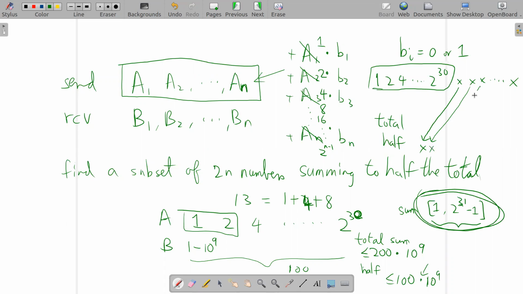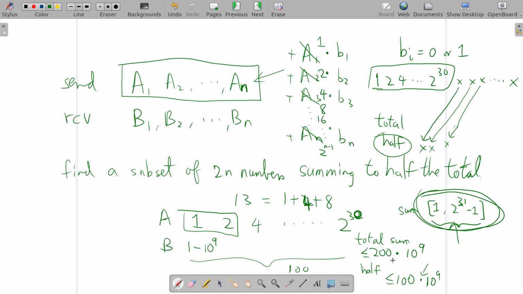I'm just going to keep picking them until eventually either half is equal to 0 or half is in this range. And I know this is going to work because I'm just going to keep subtracting, something that might be big as much as 10 to the 9, and this half is going to get smaller and smaller and smaller.